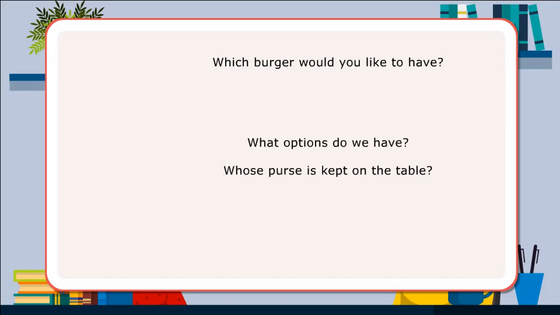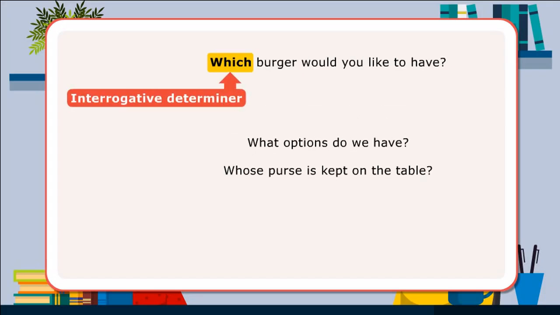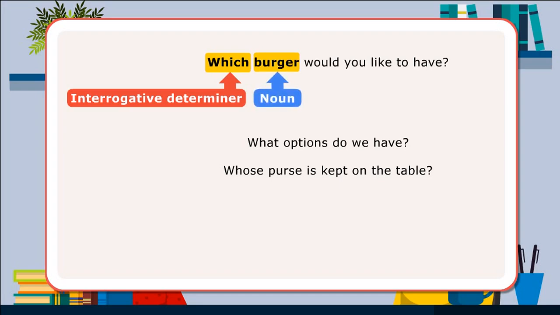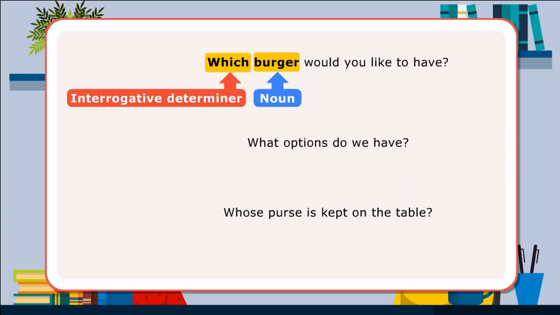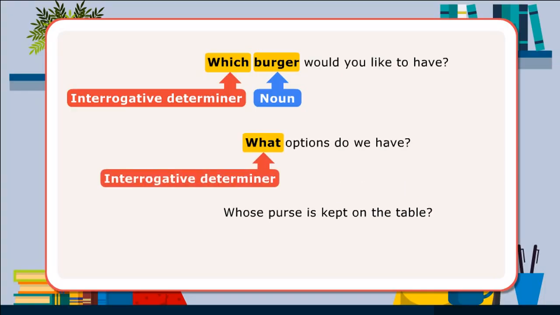In the first sentence, which is an interrogative determiner since it asks something about the noun burger that follows. In the next sentence, what is an interrogative determiner since it precedes the noun options and asks a question about it.